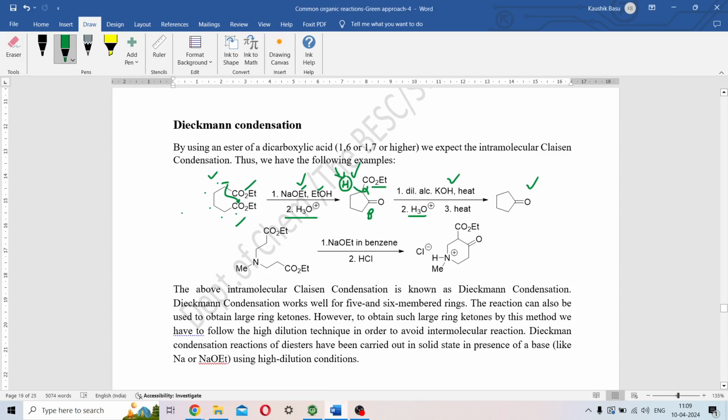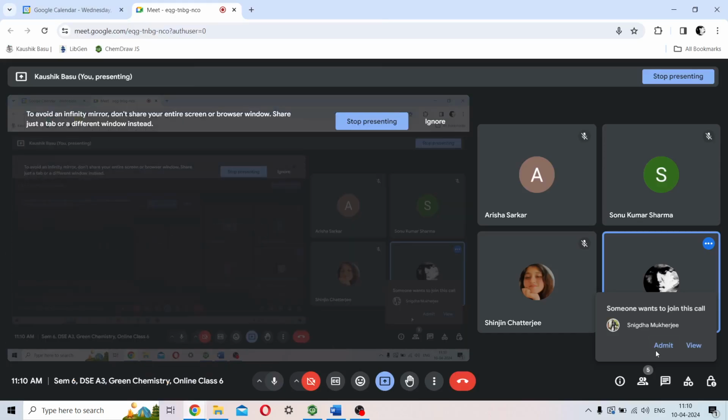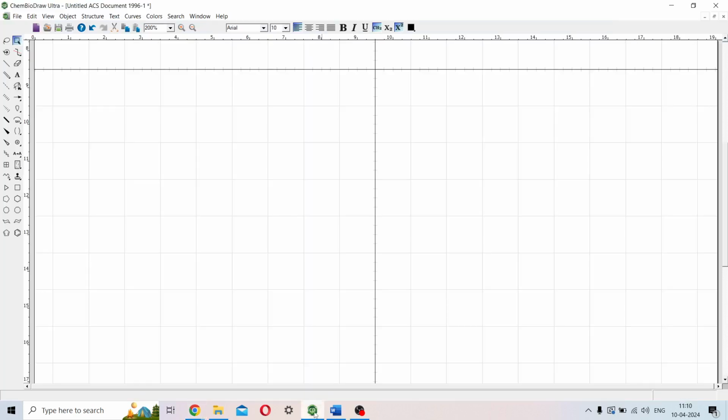So can you tell me from any starting material from which we can get this diethyl adipate? Of course, adipic acid. Esterification of adipic acid would give rise to diethyl adipate. But what about the adipic acid itself? How can you get the adipic acid?